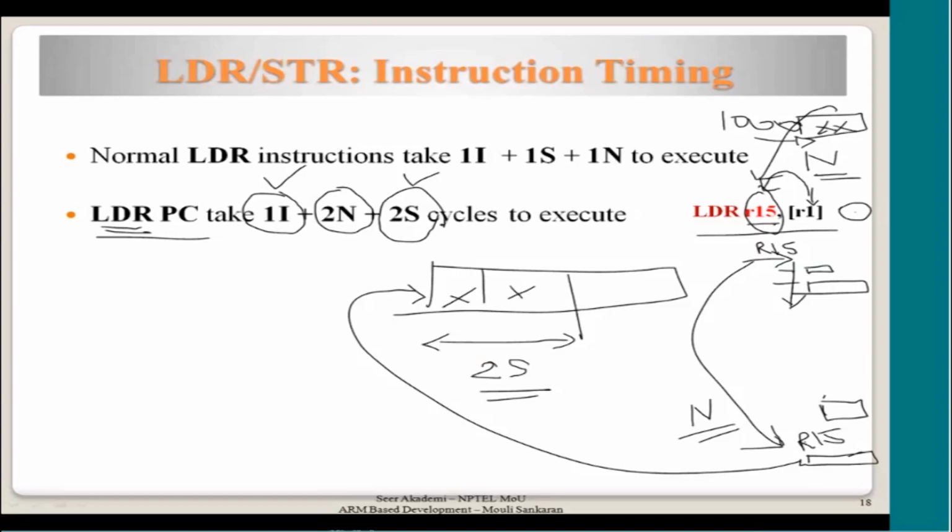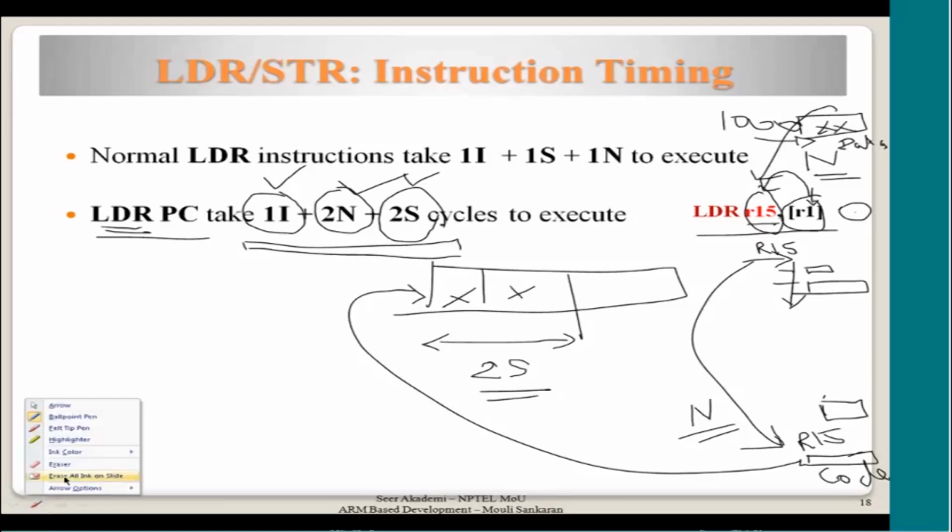So one N cycle is for accessing code, and one N for accessing the data pointed to by R1. Got it? That is why 2N is here. If you don't understand, listen to this particular explanation again. You will realize everything makes sense. It is very important you understand these numbers so that you are completely clear about what is happening inside the processor.